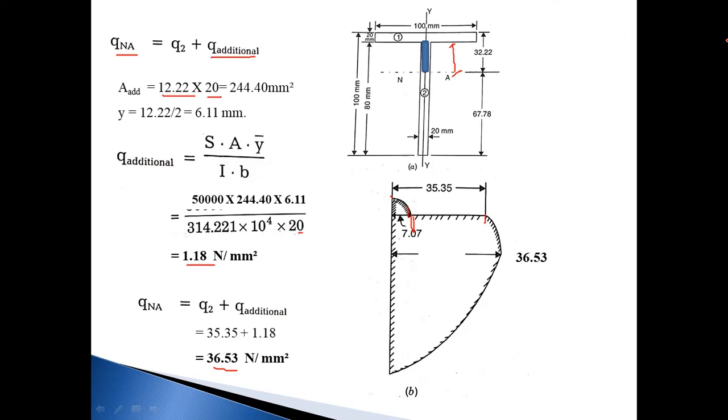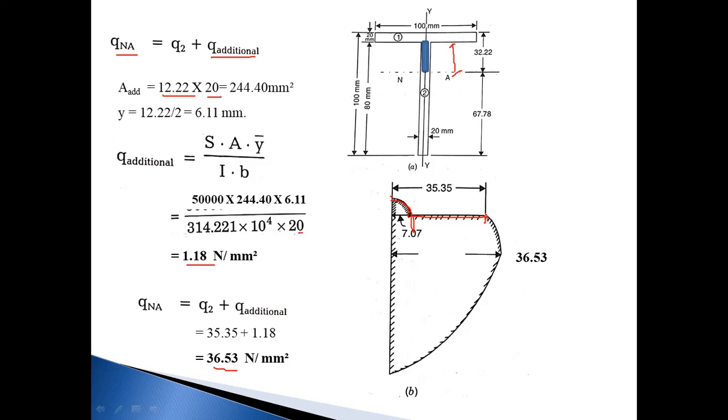Now we plot all the values and draw the shear stress distribution diagram. Basically, draw a vertical reference line. At the top and at the bottom of the section, the shear stress value becomes 0. Then Q1 is 7.07, Q2 is 35.35. Draw this using a parabolic curve, first 0 to Q1, and Q1 to Q2 is the junction stress, so it moves as a horizontal straight line.